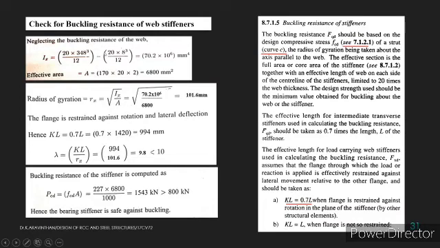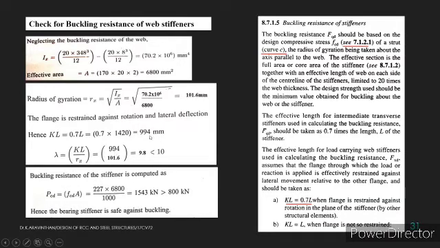That is why we are subtracting this component, d B cube divided by 12. If you substitute, you will get the moment of inertia as 70.2 into 10 power 6 mm power 4. After getting the moment of inertia, if you divide by the area, you will get 101.6 mm. So rx is also known here.